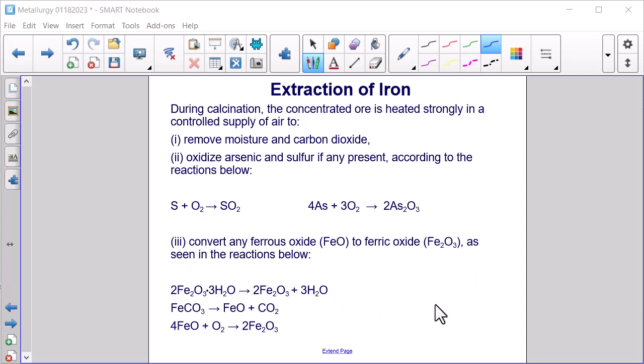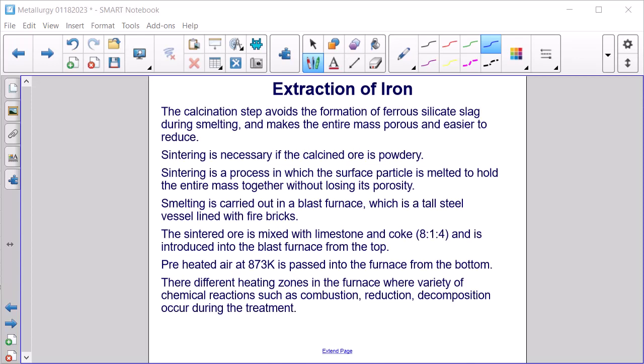Convert any ferrous oxide, FeO, to ferric oxide, Fe2O3, as shown in this three-step process. The calcination step avoids the formation of ferrous silicate slag during smelting and makes the entire mass porous and easier to reduce.